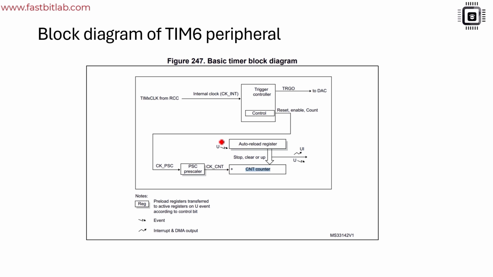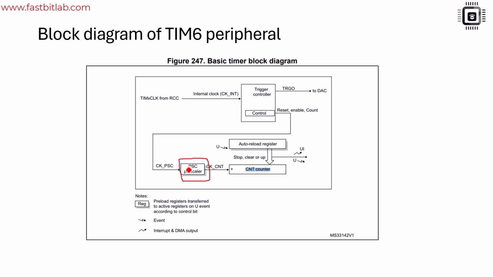And the auto reload register, ARR, is a user programmable register where you have to feed some value. And when this counter up counts and reaches this value, then an interrupt will be generated. That's what we call an update event. There is also the prescaler, which is also called a clock divider.